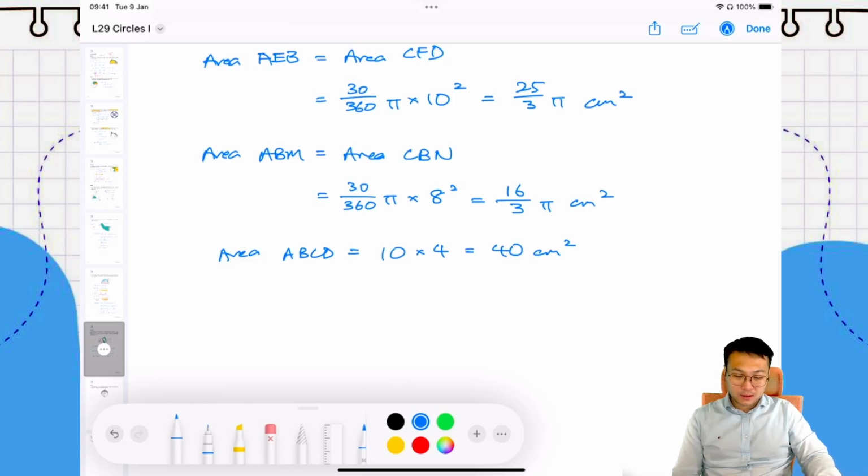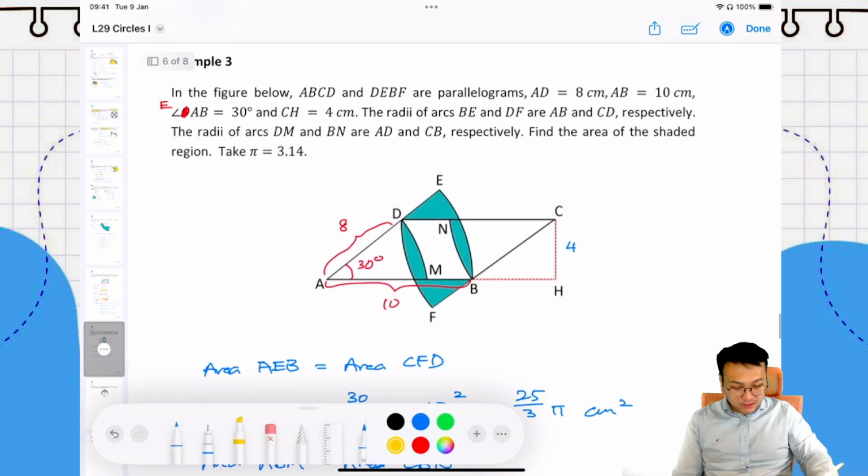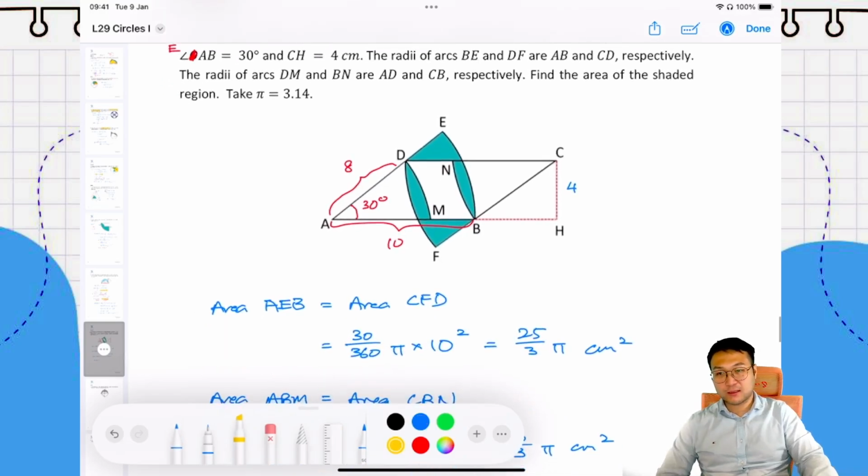Now, if you want to find the shaded area, what must you do? We are going to look at the diagram. We're going to look at the area BEDF. Can you see the area BEDF, which is this weird shape right here?